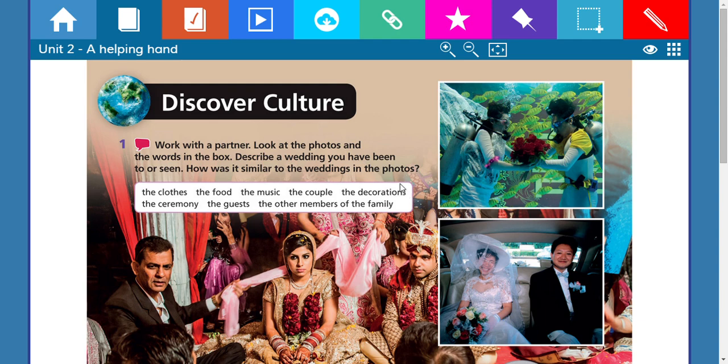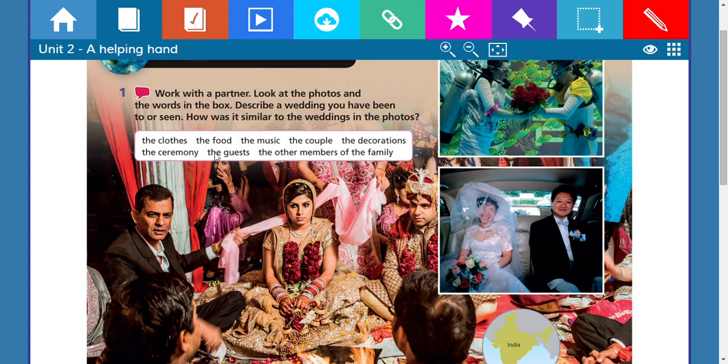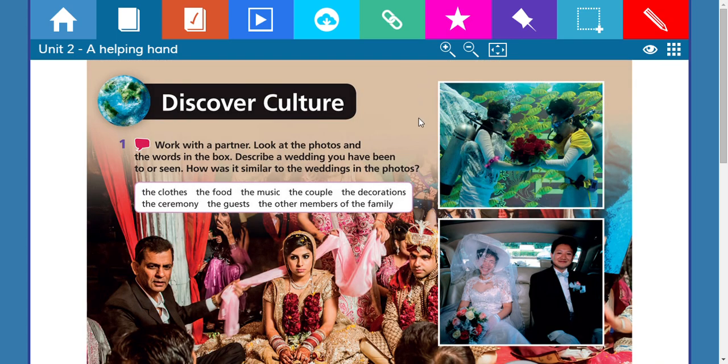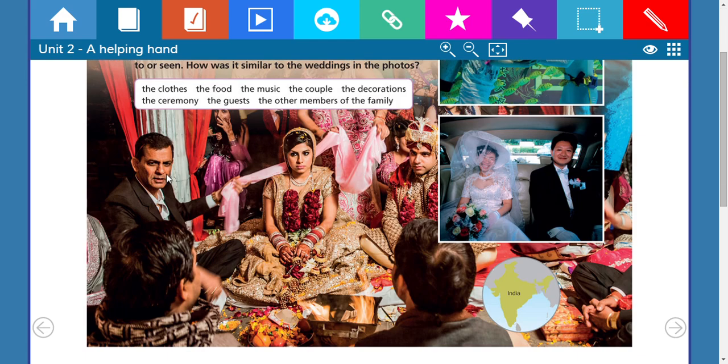Could be a celebration. As a wedding, it's a celebration. Look, all the three pictures are weddings. In picture number two, this is a wedding under the sea. Can you see the bride and the groom? And this is another wedding, but this is in India.